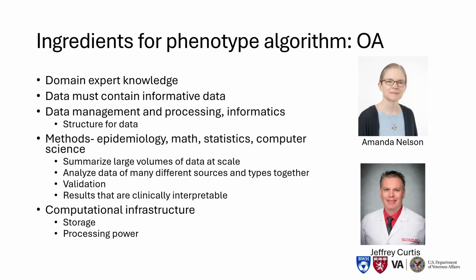What we think less about is the importance of data management and processing of these data into a format that's clean and QC'd for all the downstream applications, whether it's the algorithm or the association studies. In the middle, I've glommed everything together. If you remember that blue box I had right in the middle: epidemiology, math, statistics, computer science, among others, to really summarize the data, analyze it, validate it, and interpret the results.